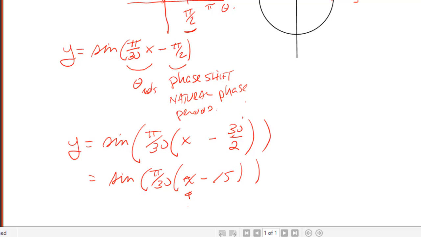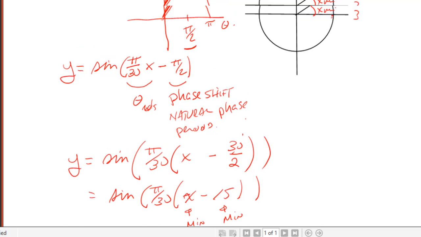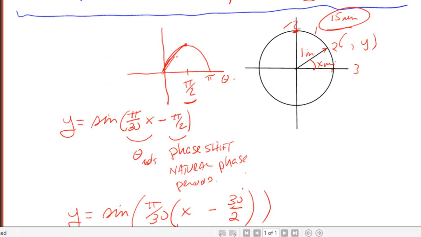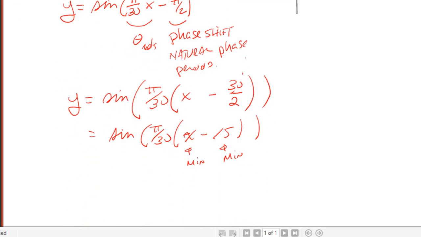You'll notice that x was in minutes. I'm subtracting. I can only subtract things that are alike. This must be 15 minutes as well. Hey, wait, I wanted to start at 12. I started at the 3 o'clock position, but when I start at 12, that is 15 minutes. That's actually this 15 minutes, the ones I want to start with.